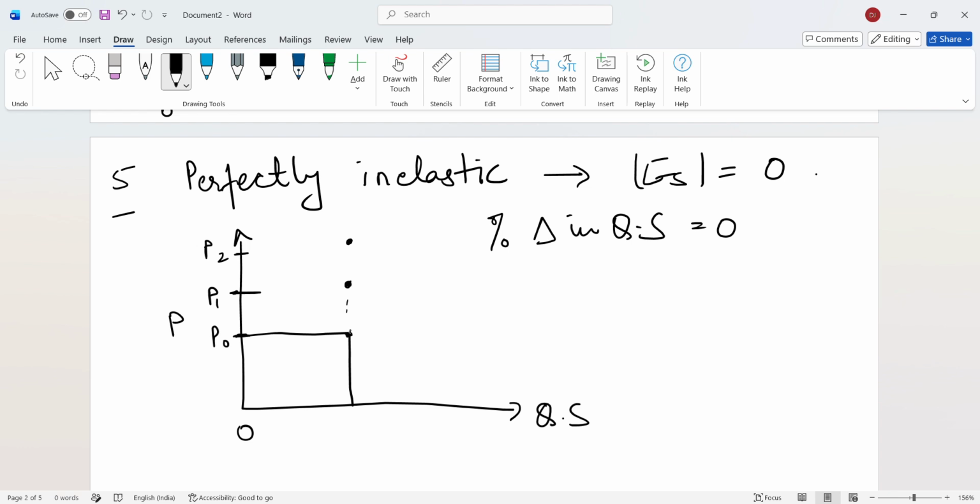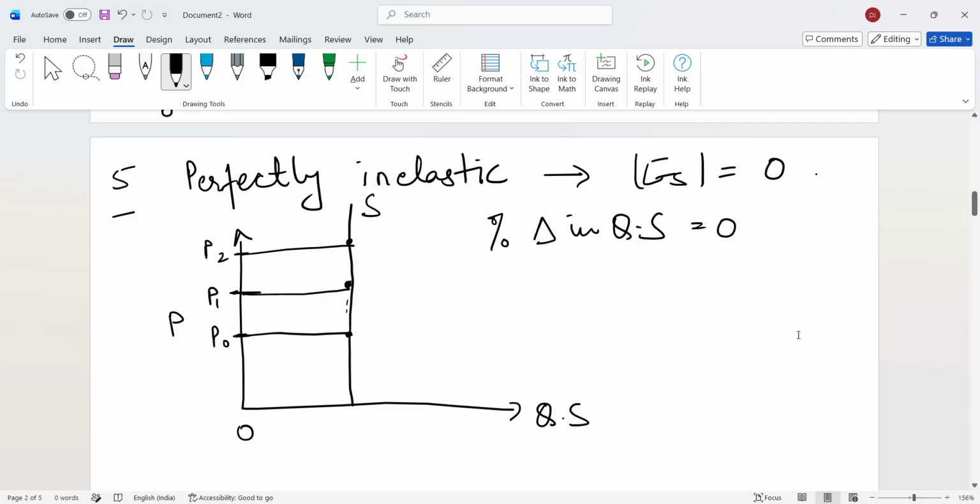So basically, I get a vertical supply curve. At every price, my supply is unchanged because the change in quantity supplied is 0. So my supply remains the same for any price in the market. That gives us the supply curve being vertical, that is parallel to the y-axis.